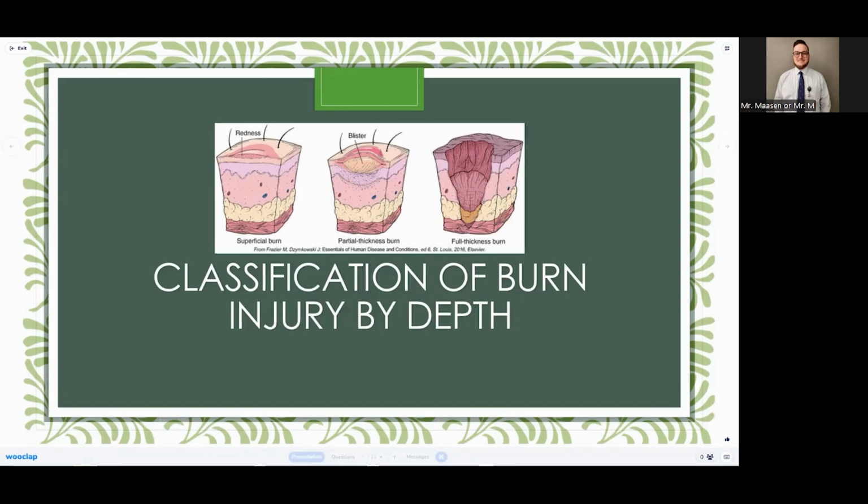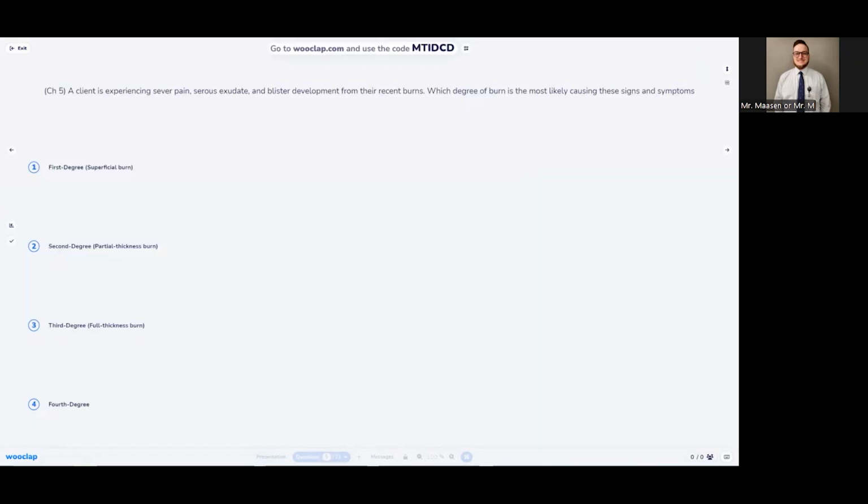And then full thickness goes all the way through the epidermis, dermis, and into the hypodermis, the layer of connective tissue and fat and other things underneath. There could be muscle death and all kinds of other tissues affected, and usually much more severe systemic symptoms with full thickness burns, which makes them so much more scary.